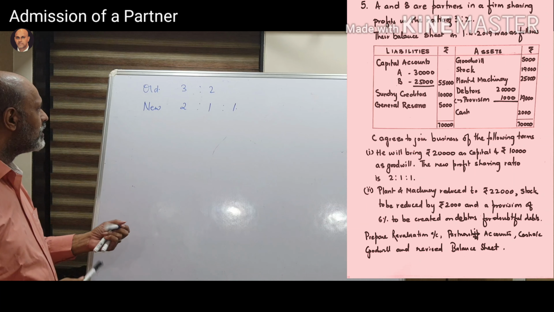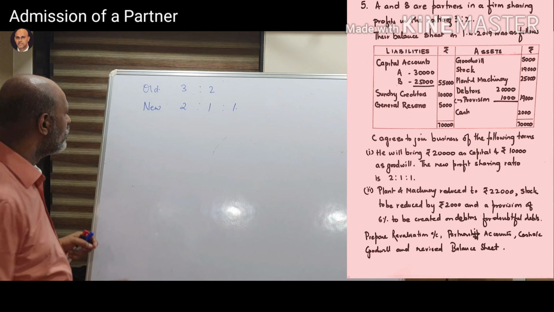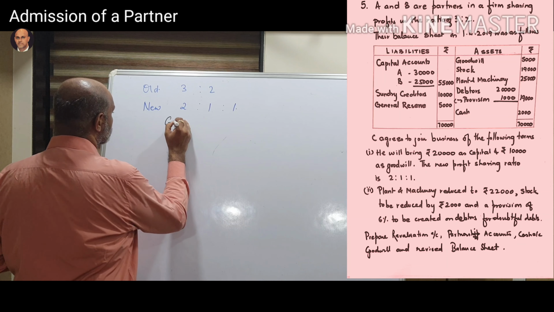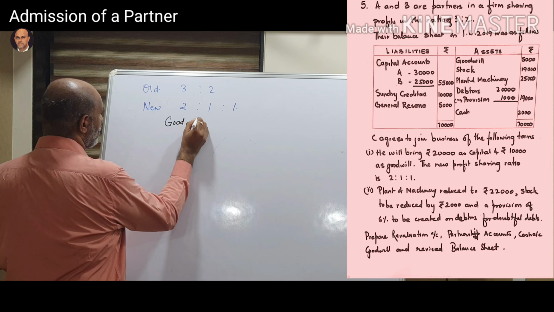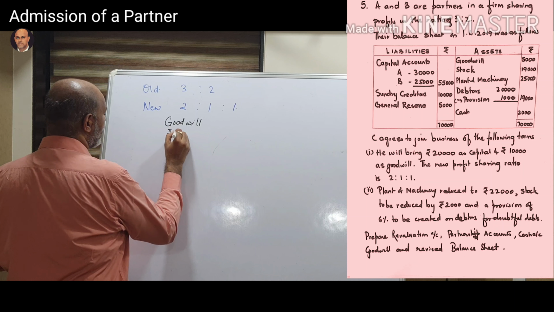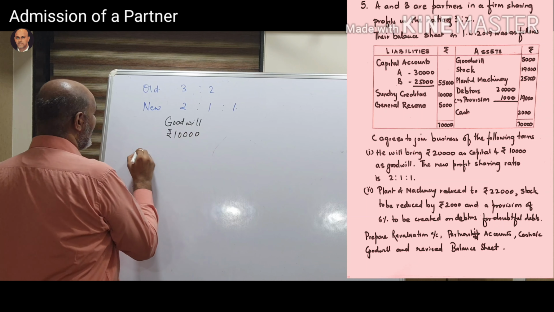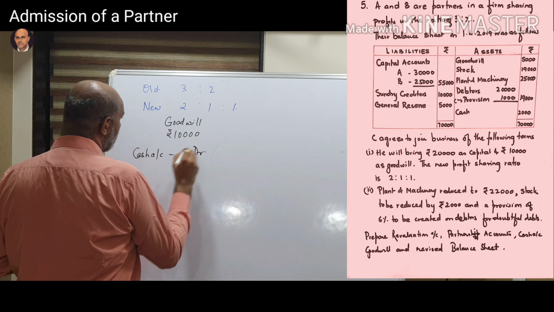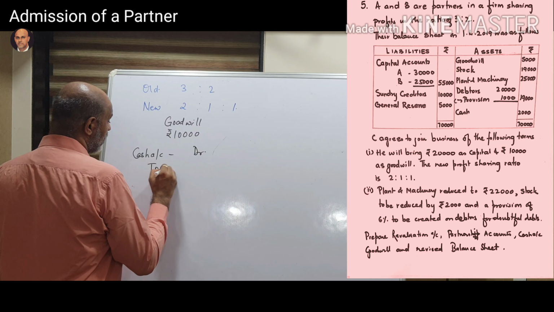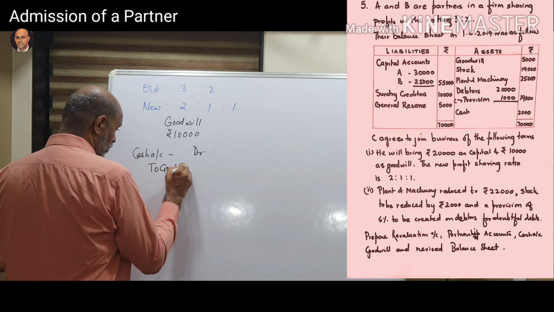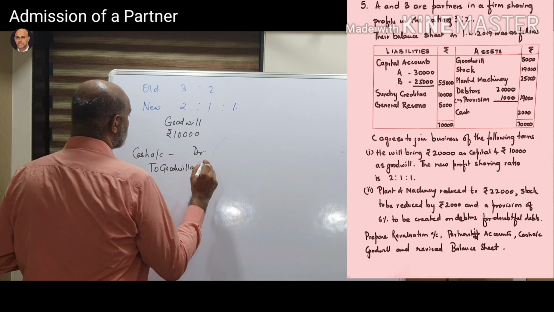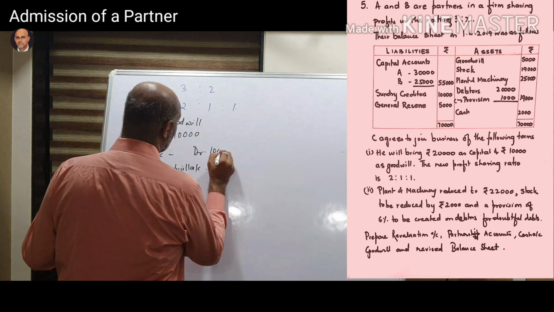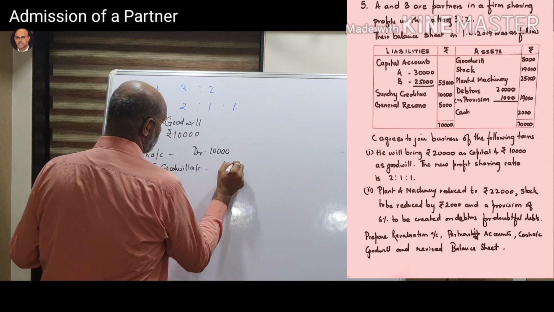Fine. So what is the goodwill amount? 10,000 rupees. So the entry for that will be cash account debit to goodwill, that will be 10,000 and 10,000.